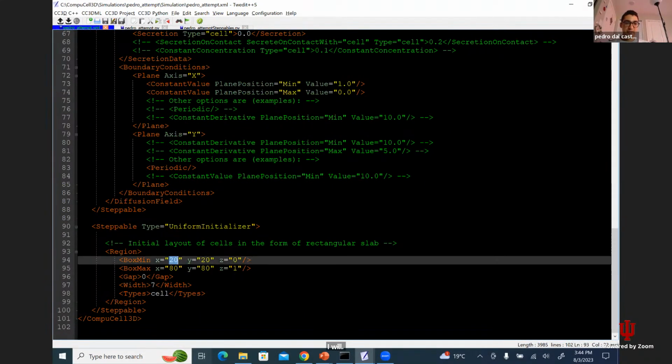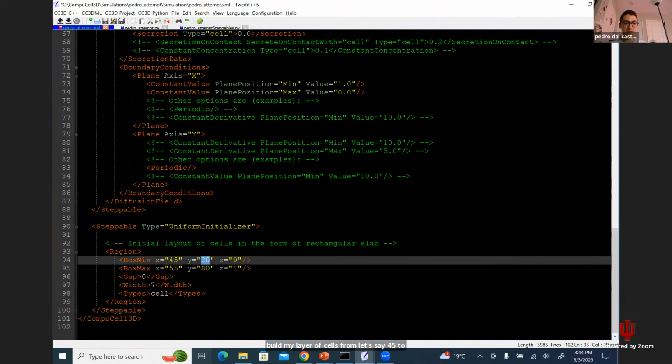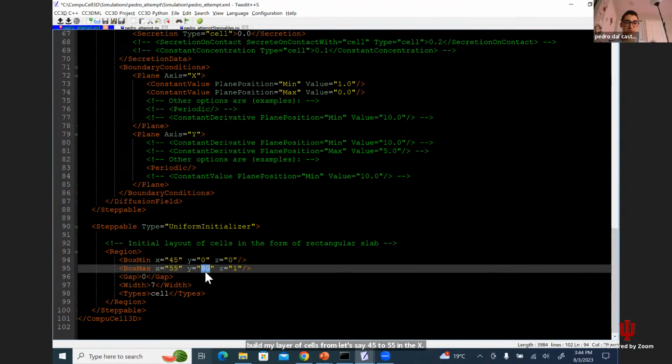I will build my layer of cells from, let's say, 45 to 55 in the X and 0 to 100 in the Y. So this is basically a thin layer of cells in the middle of the simulation from X 45 to 55, Y 0 to 100.